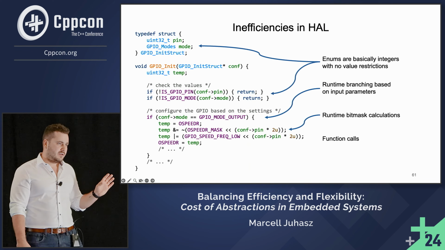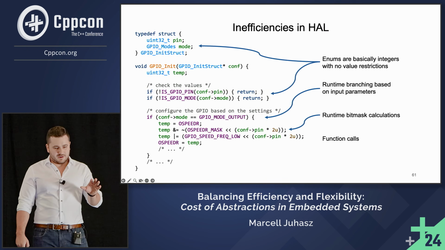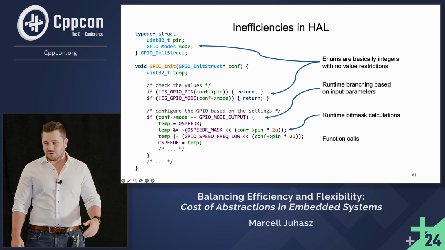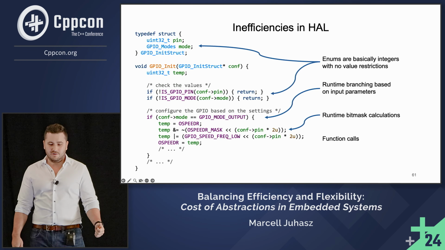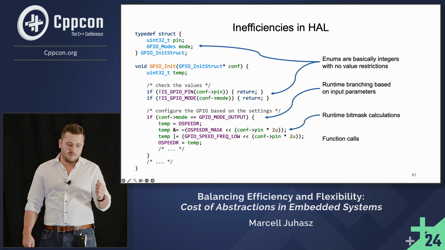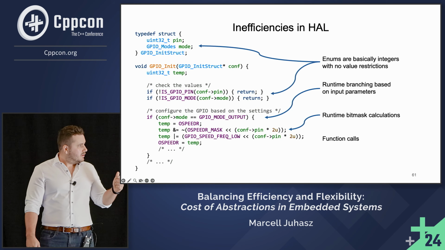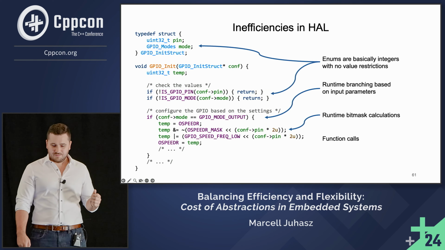So I've already presented this code to you at the beginning. It simply shows how a traditional hardware abstraction layer is implemented. As you can see, it is full of runtime computations. On one hand, the input parameters are usually validated at the beginning of the functions, although in production code this is also nearly always optimized out.